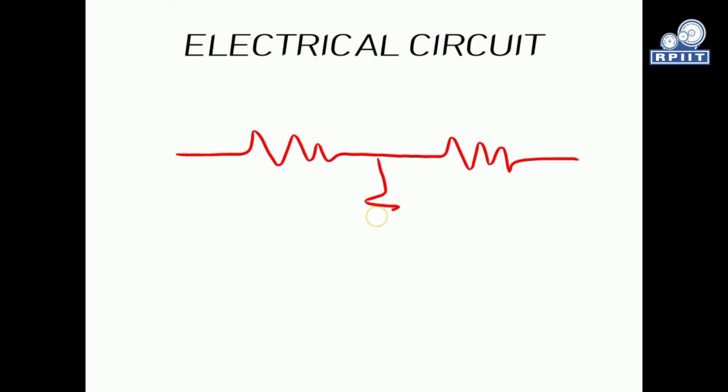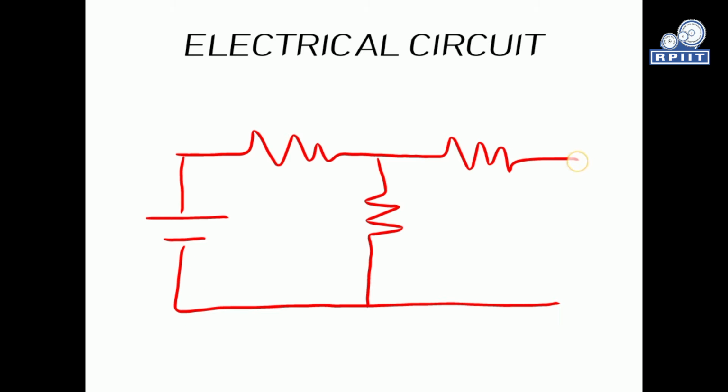Here we can draw an electrical circuit. For example, these are resistances, and a third resistance is connected here, and these are the voltage sources, and this is the second voltage source.